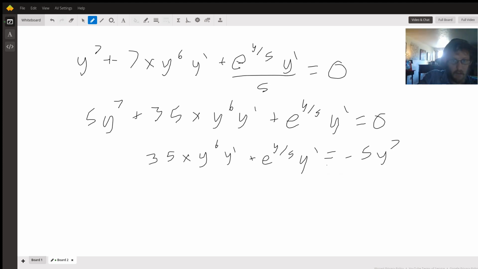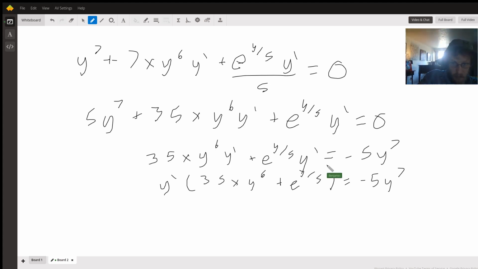Continuing on, I'm going to take out a y prime. So we get y prime times 35 x y to the 6th plus e to the y over 5 equals negative 5 y to the 7th.